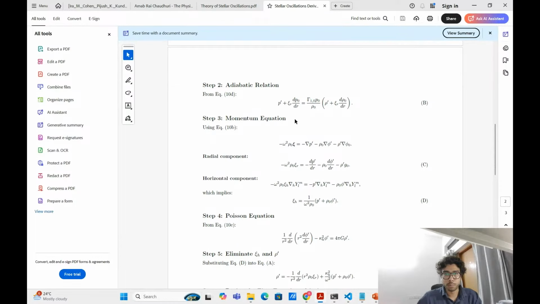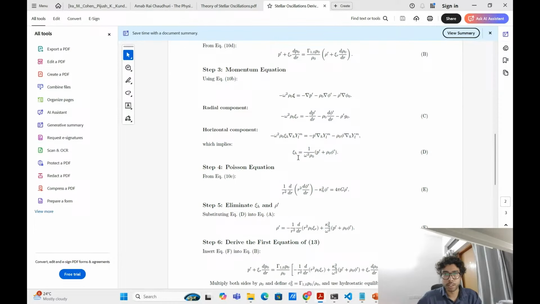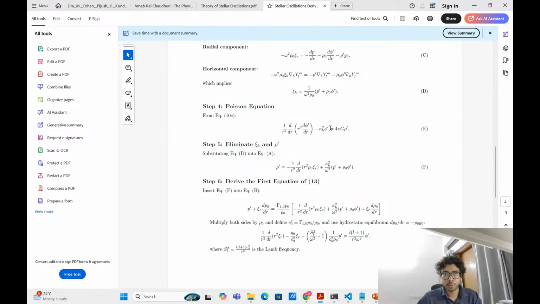If you put it into the momentum equation, you get two separate components of the momentum equation. One is the radial component, one is the horizontal component, right? And from there you get two different equations, this one and this one. And similarly, if you put in the Poisson equation or Newton's law, you get this relation.